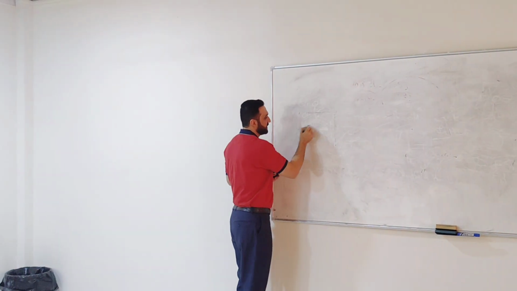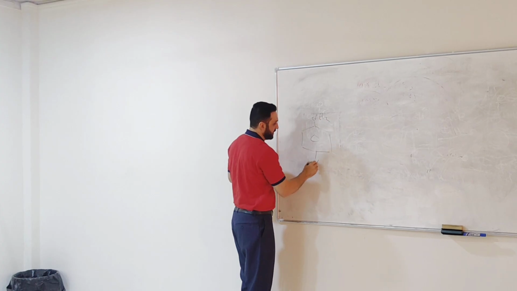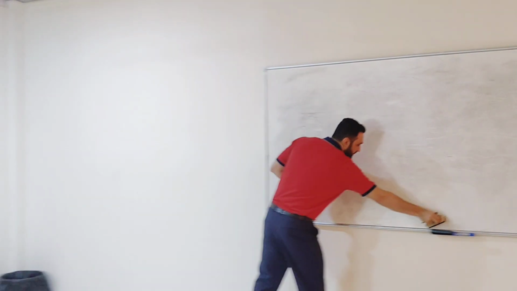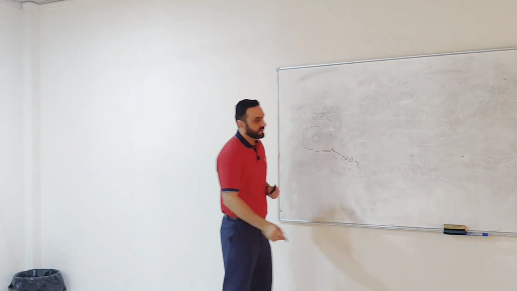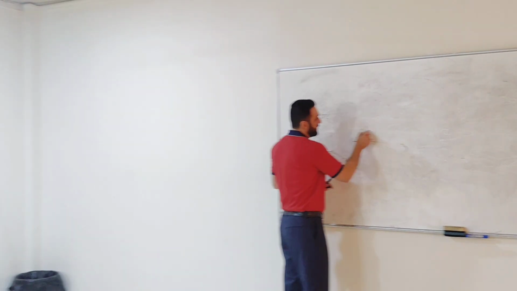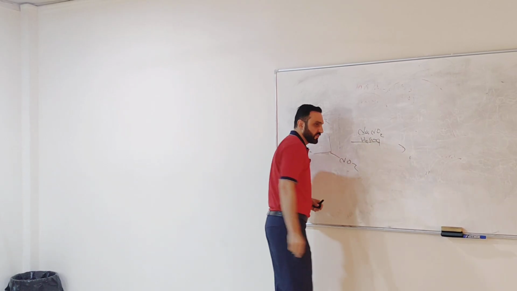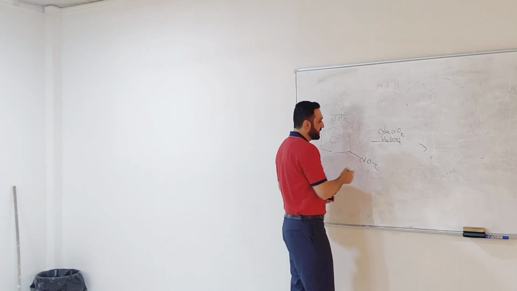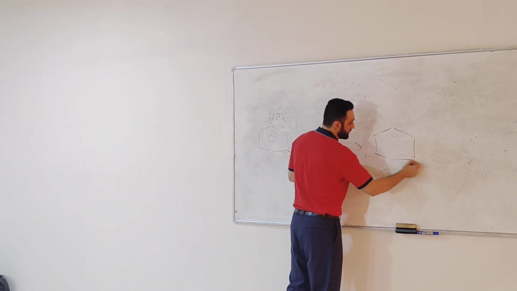For this compound, if you have NO2 on the meta position, like this example, it can react directly with NaNO2, H2SO4, in aqueous medium, to convert to the diazonium salt.